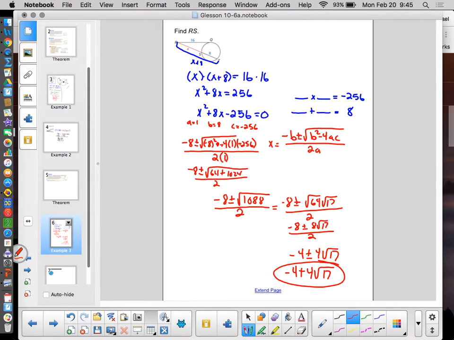I'm just going to double check my work here, because that does seem to be a strange number. X times x plus 8, which is x squared plus 8x, equals 16 squared, 256. It did not factor. I get negative 4 plus 4 root 17, approximately 12.5.